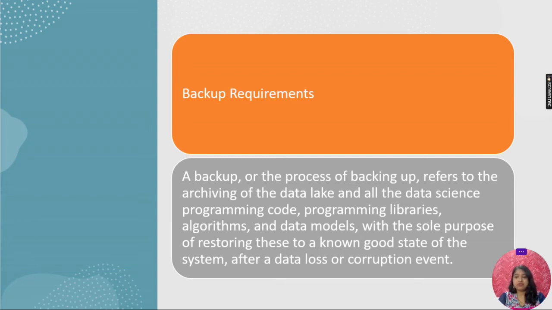If there is any error, fault or corruption, then some data might be lost, but we should be able to back up or roll back the system to a particular safe state.